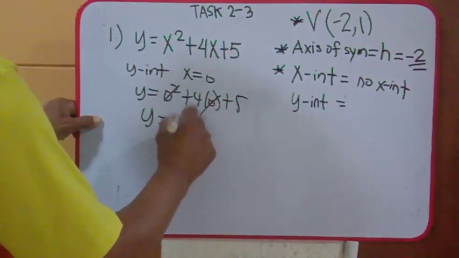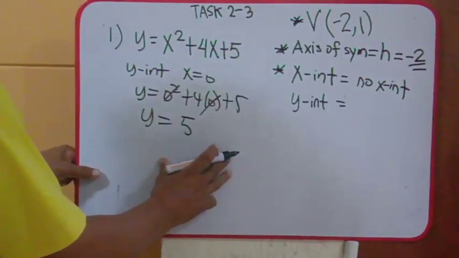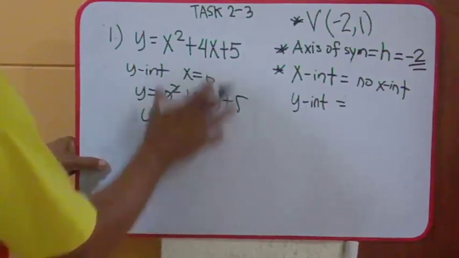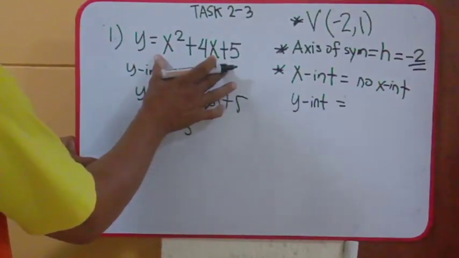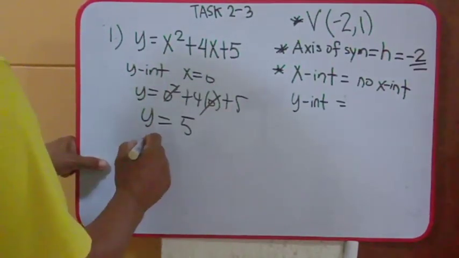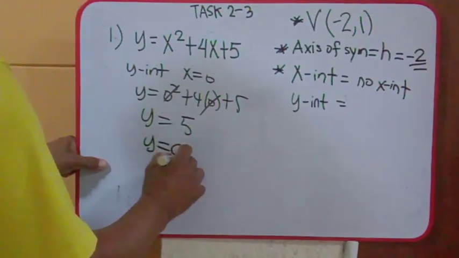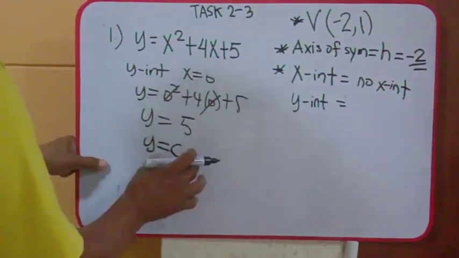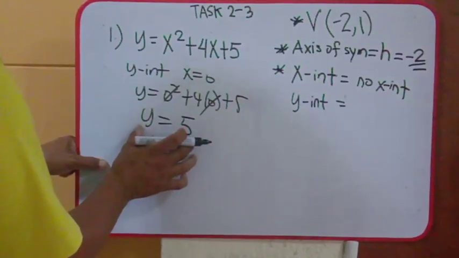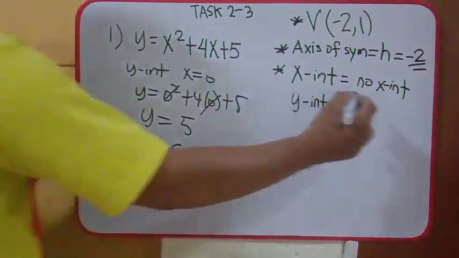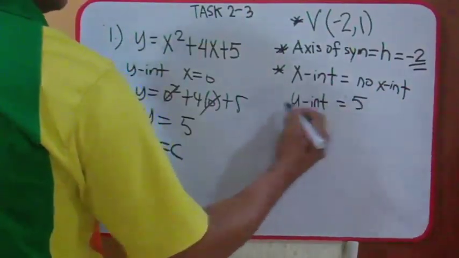Y-intercept equals to 5. Or simply, may technique din tayo kapag ang ating function ay naka-standard form, y equals to c. Ang c natin ay 5, so it means our y-intercept equals to 5. Okay? So, ayan yung y-intercept natin.